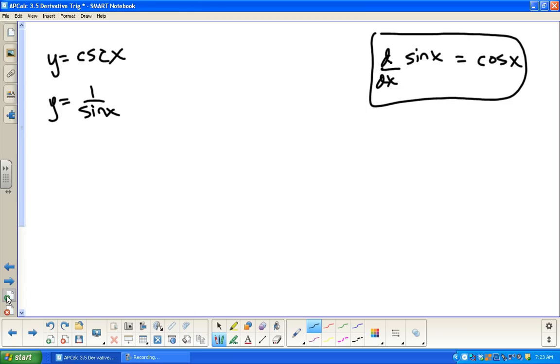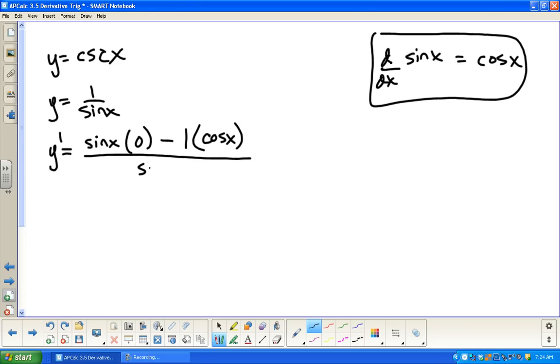Well, the only way I know to do this at this point in our adventure is to do the quotient rule again. So I know this is quite exciting stuff. So y prime is going to be the denominator times the derivative of the numerator minus the numerator times the derivative of the denominator, all over the denominator squared. Well, this is incredibly exciting.